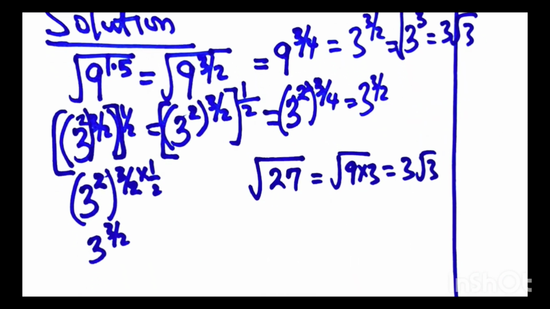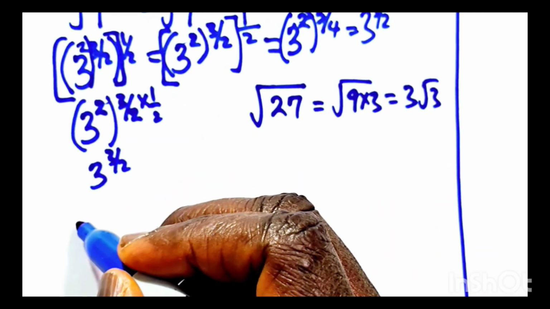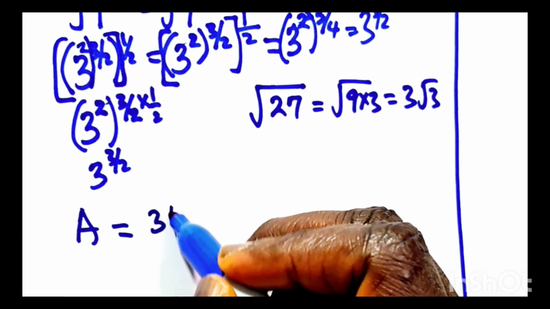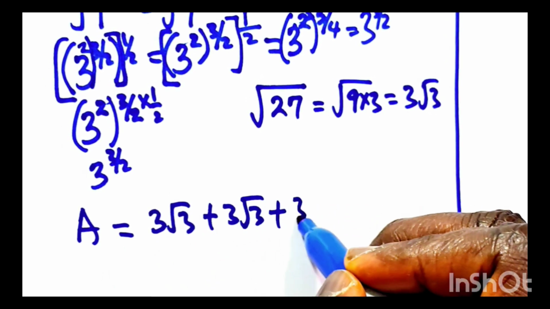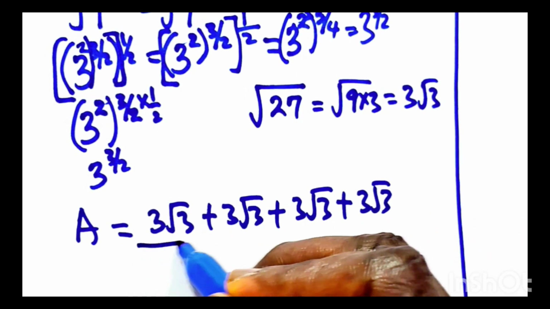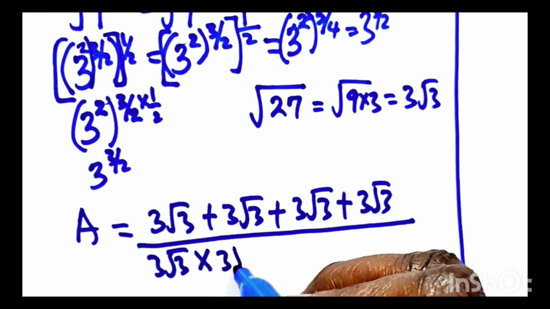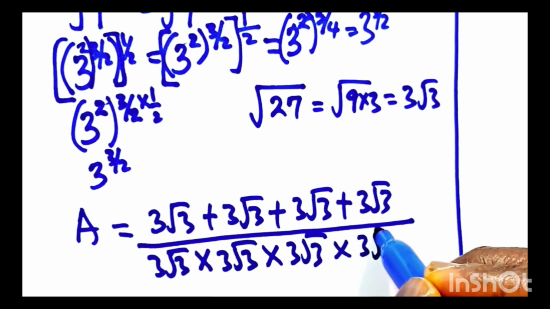If we know that all of them will give 3 root 3, it will be easier for us to say A will now equal 3 root 3 plus 3 root 3 plus 3 root 3 plus 3 root 3, divided by 3 root 3 multiplied by 3 root 3 times 3 root 3 times 3 root 3.